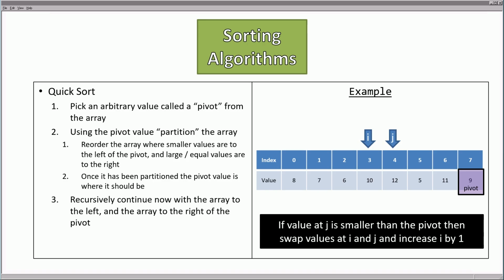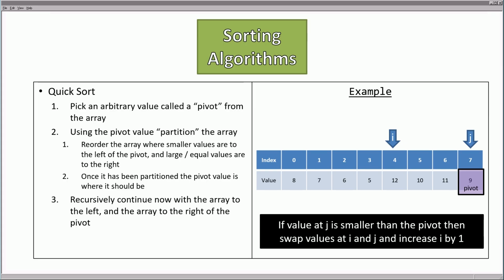Moving j forward, 12 is not less than 9, move it forward. 5 is less than 9, swap the values at i and j, then increase i. 10 is greater than 9, 11 is greater than 9, and now we reach that pivot value. 9 is not less than 9.